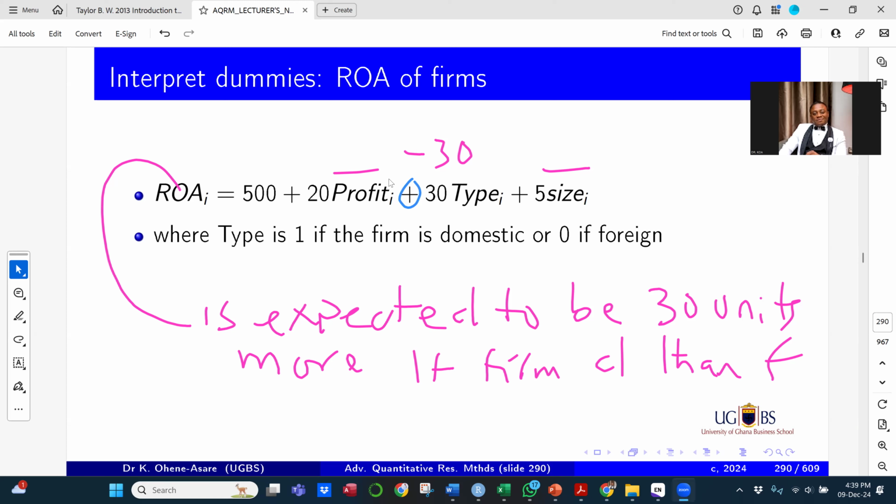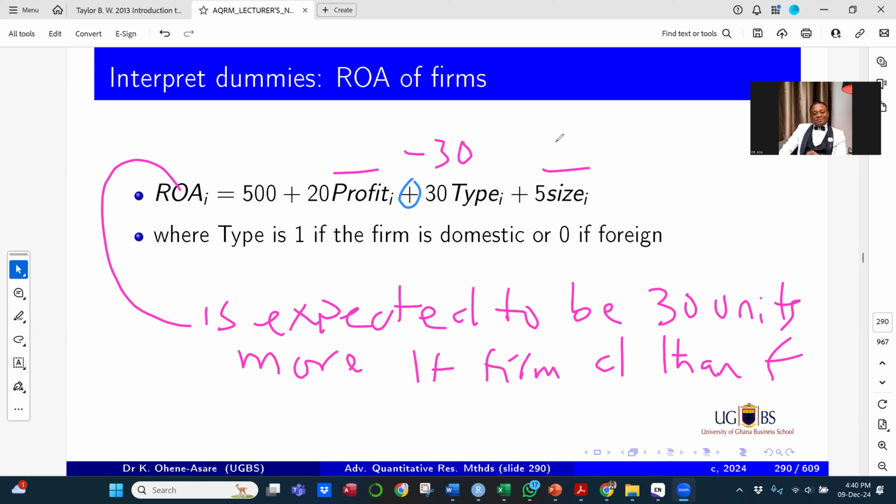If the firm is domestic, than if it is foreign. So that is how you interpret it. So the more or less is from the symbol, whether it's minus or plus. And the 30 is for the return on asset, the dependent variable, which will be 30 more or 30 less, depending on the symbol in front of it. That's how you interpret it.